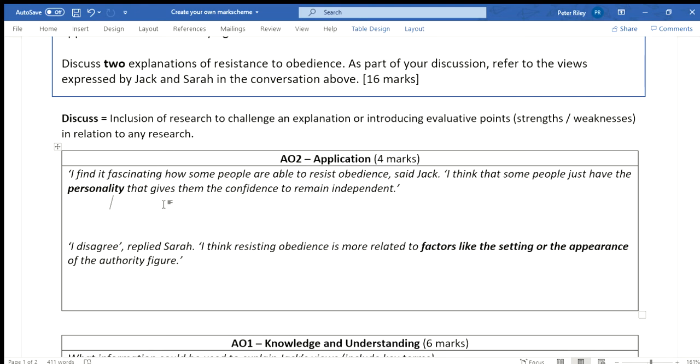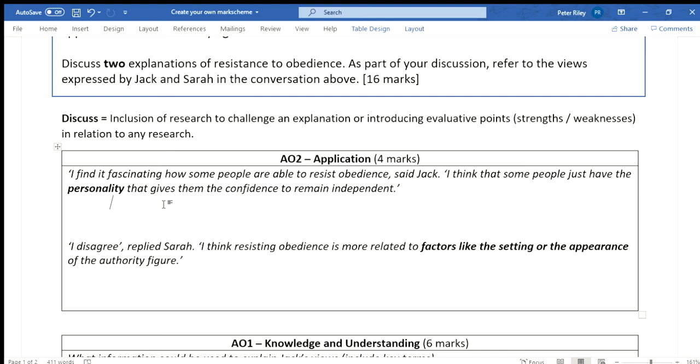You can't just recycle and rehash the conversation that's in the scenario to score marks. You've got to demonstrate, or the student would be expected to demonstrate, that they understand how personality or research links personality to remaining independent. So we know that research does suggest that those with certain types of locus of control and potentially authoritarian personalities are linked to independence.